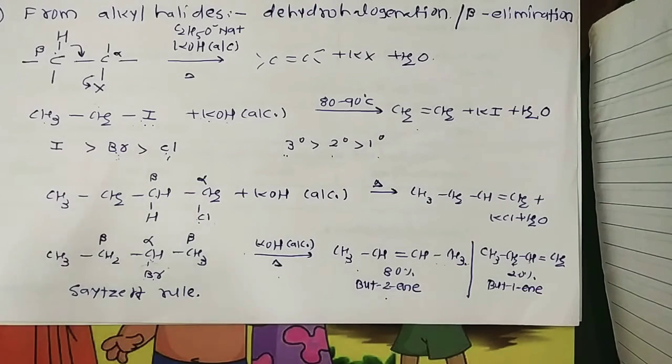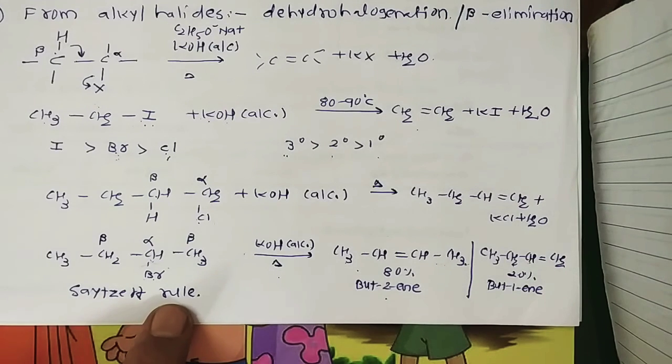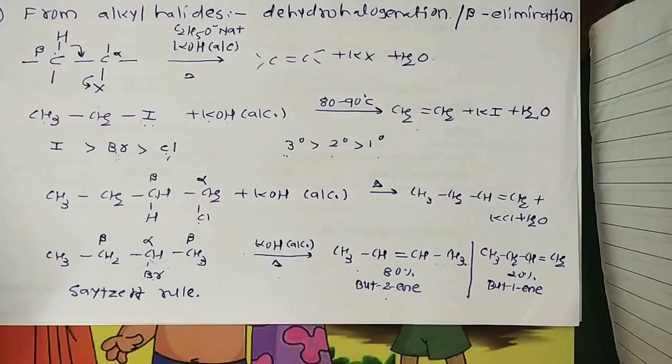But that's a detailed answer. There is one scientist whose name is Saytzeff, so it's sometimes called the Saytzeff rule. Depending upon the structure, alkyl halides may give one or more isomeric alkenes.